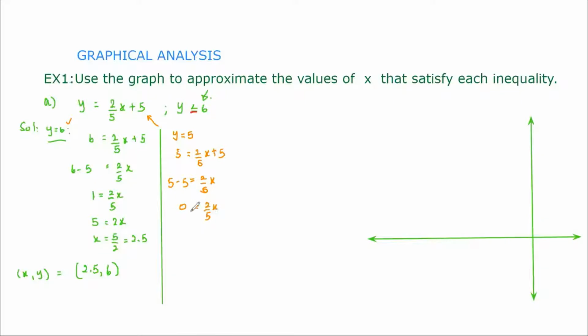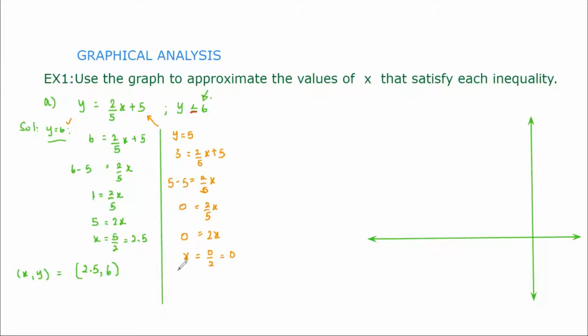Then you do cross multiplication or LCM. So you multiply by 5 on both sides: 5 times 0, and x times 5, so you are left with 2x. Now you divide to get only the value of x. Your x is 0 over 2, which equals 0.